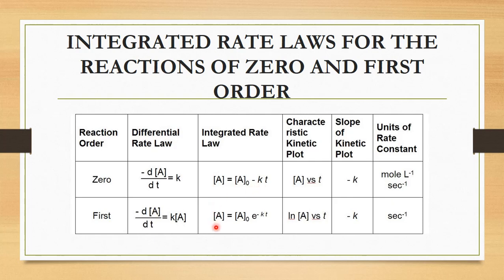For first order, it is [A] is equal to [A] naught into e raised to power minus kt. So you will get a straight line by plotting graph between [A] and t. Here the graph is between natural log of [A] and t. Slope for both will be equal to minus k, and units of rate constant for zero order are moles per liter per second, and for first order reaction it is second inverse.